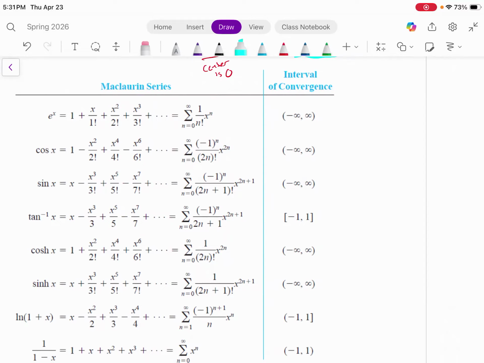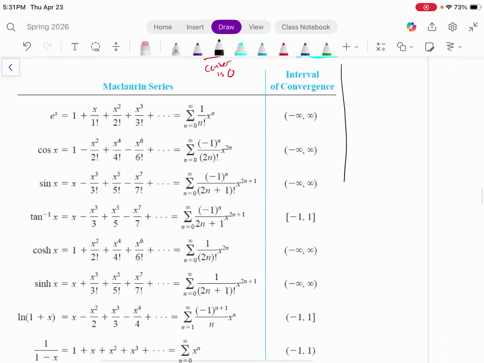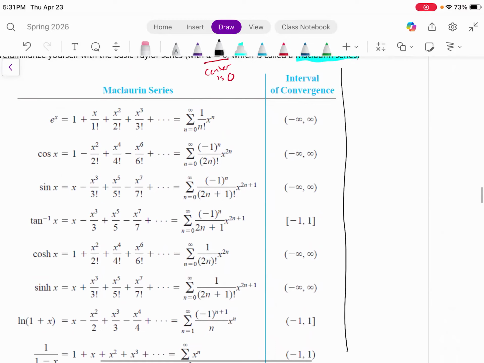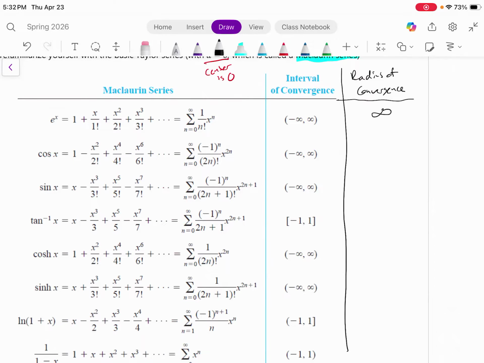Here there is a table. These are the intervals of convergence and the series, and what I typically like to do is also state what the radius of convergence is as well. For the exponential, we're going from negative infinity to infinity, so the radius is infinity.